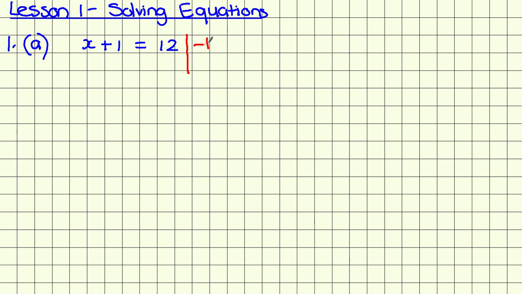Can you copy me, please? So if we take away 1 from both sides of this equation, so if I take away 1 from this side, that makes our plus 1 disappear and leaves me with x. Okay, and then I'm going to take away 1 from this side as well. So 12 take away 1 just gives you 11. And that's the way I want you to lay out this. So x equals 11, and that's your answer.